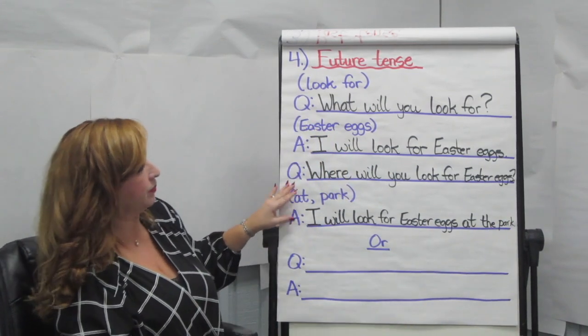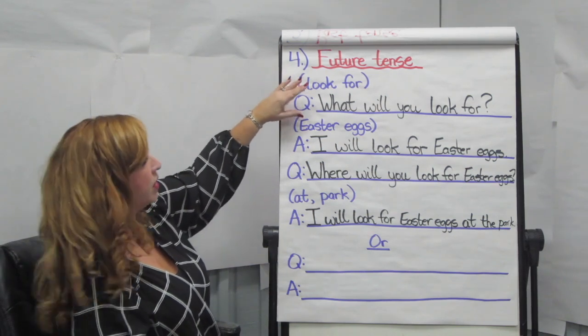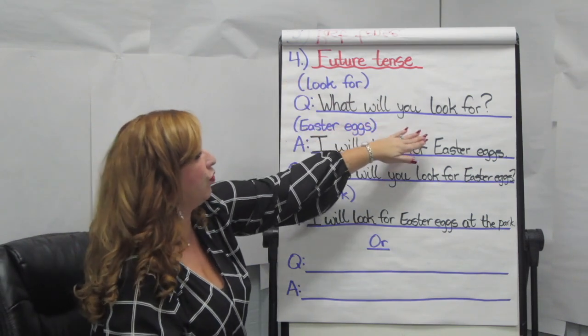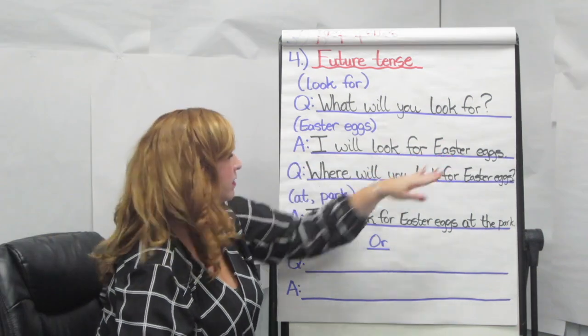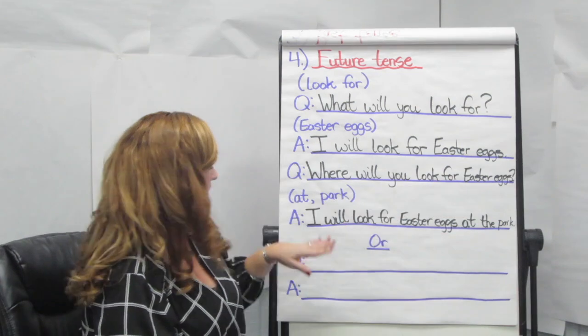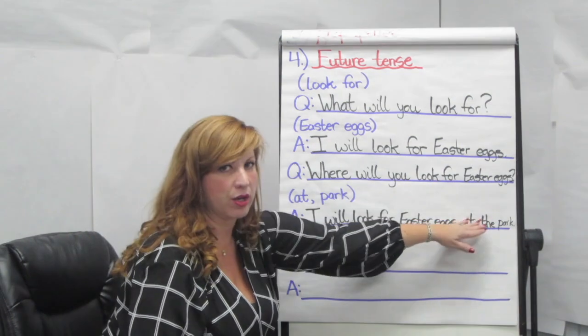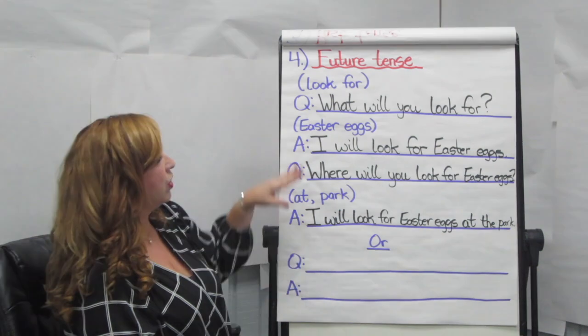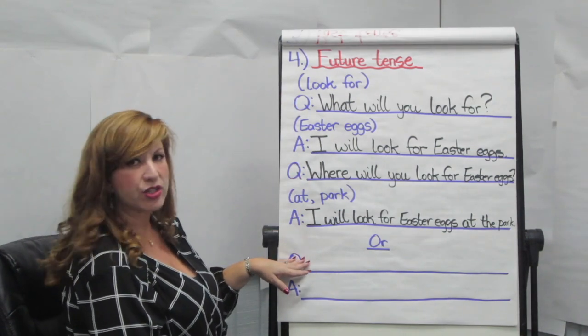So again, let's go back to our first question. What will you look for? I will look for Easter eggs. Where will you look for Easter eggs? I will look for Easter eggs at the park. So you have the two questions, or we can combine the two questions.